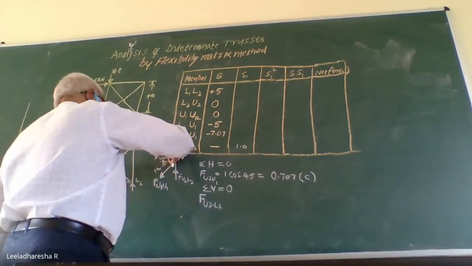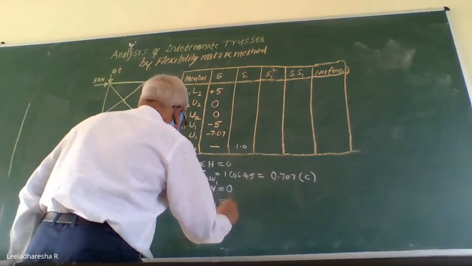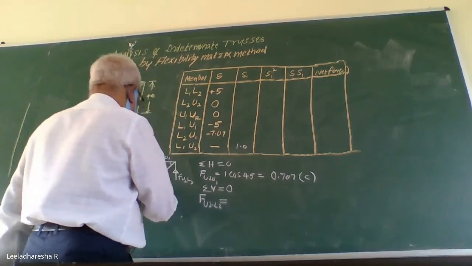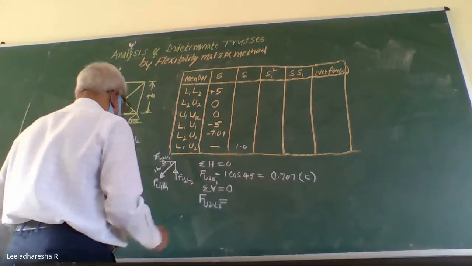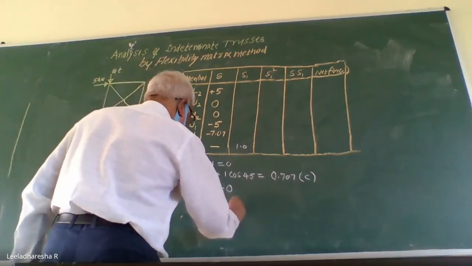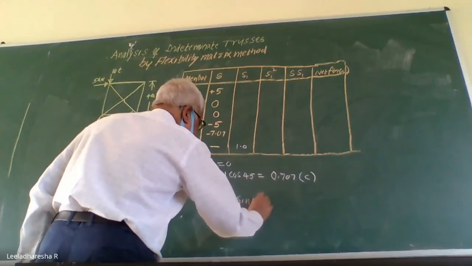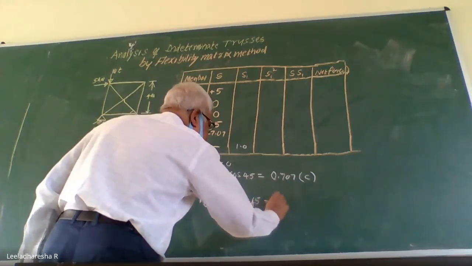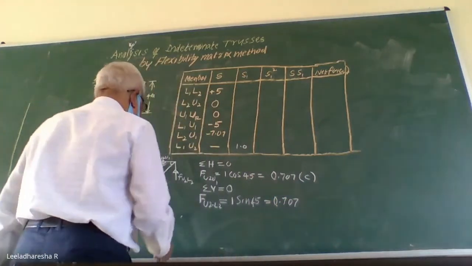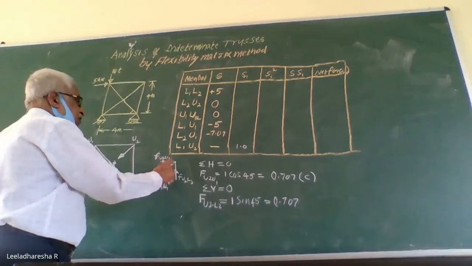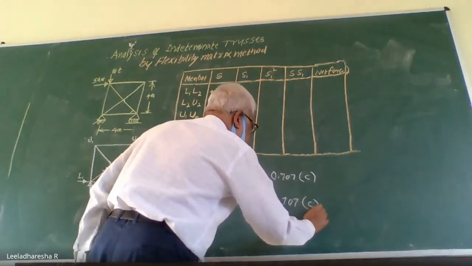If I resolve this, it moves in downward direction, equal to F U1 U2, that is 1 sin of 45. Sin of 45 is once again 0.707, and check whether it is compression or tension. Moving towards the joint, therefore it is compression.